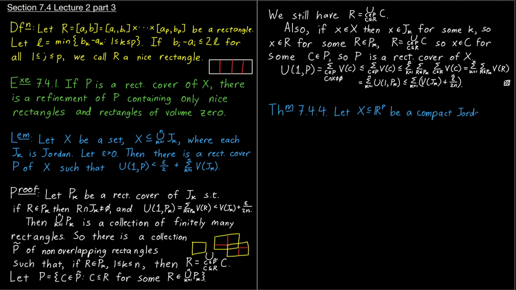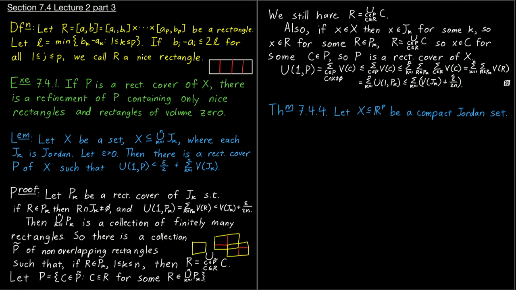That compactness requirement is not actually all that terrible. Jordan sets are always bounded. If it's not compact, you take the closure. The closure, you just throw in the boundary, which is a set of volume 0. So all Jordan sets are pretty close to being compact.